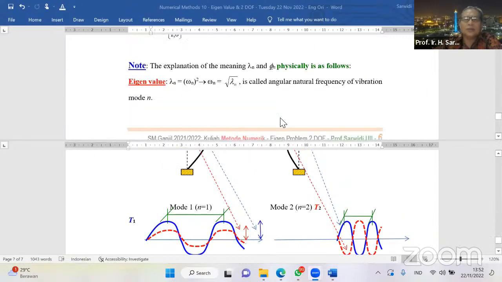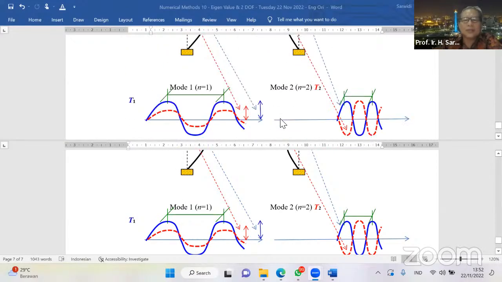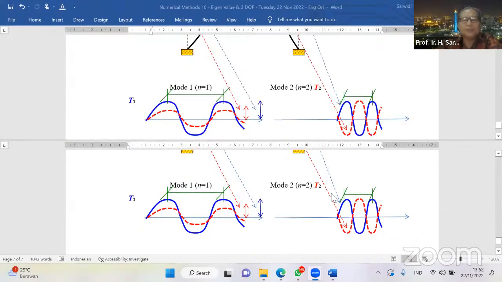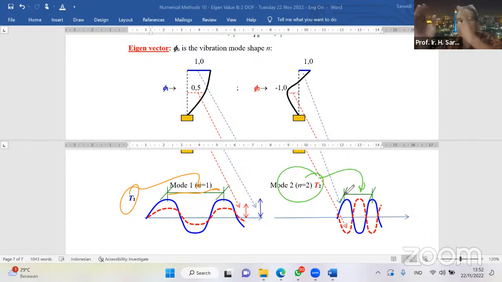So if you look back at the complete picture here, you have lambda 1 related to T1, then lambda 2 related to T2, which becomes smaller, the shorter period.